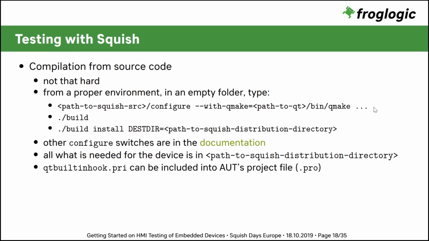You have to specify a few additional arguments, but they are not that important at the moment. You can see the details in the documentation, and after building you install that into some temporary directory, and all that is needed for running on the embedded device, so that can be the Squish server, start AUT, and similar programs, is in this directory.